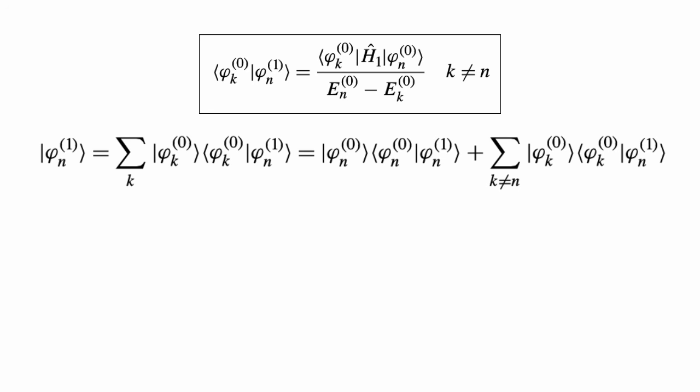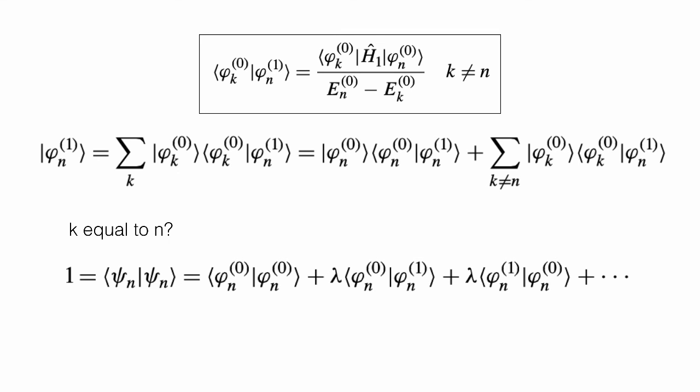In fact, I can already tell you what's going to happen: the first term is going to cancel, it's going to disappear. And we will see why in just a second. Okay, so when k is equal to n, to calculate this expression, we have to remember that the full state has to be normalized.